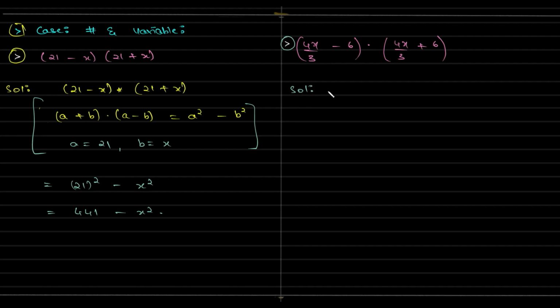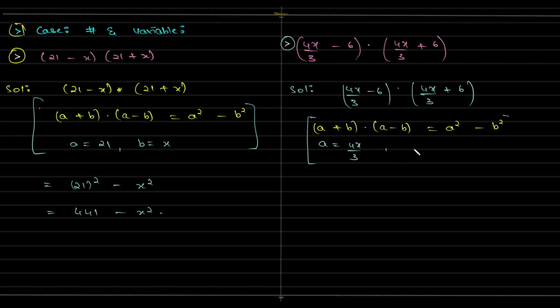Right, here they are just fractions, nothing much. Okay, so here again write the formula. Right, we should write the formula. Next step, identify a and b, and now substitute.